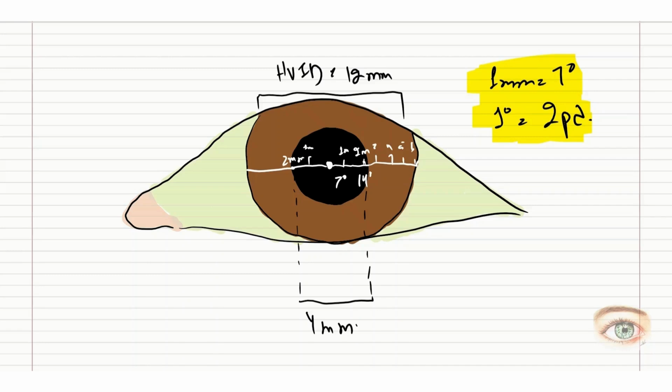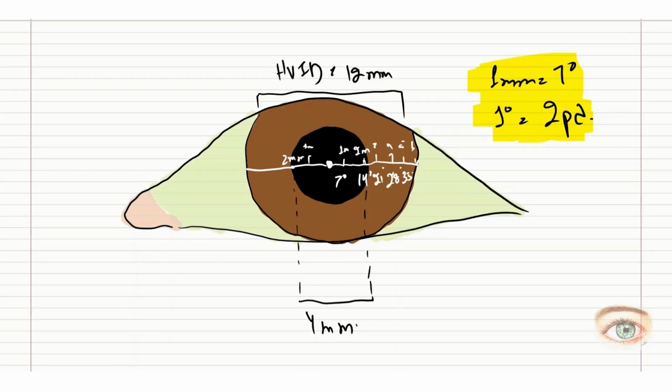If it is placed a little outside the pupil edge, this will be at 3, this will be 21 degrees, at 4 this will be 28 degrees, at 5 this will be 35 degrees, and at 6 it will be 42 degrees. And if the reflex is on the sclera, you can imagine it can be greater than 50 degrees, right?